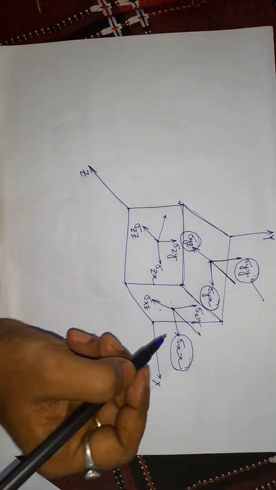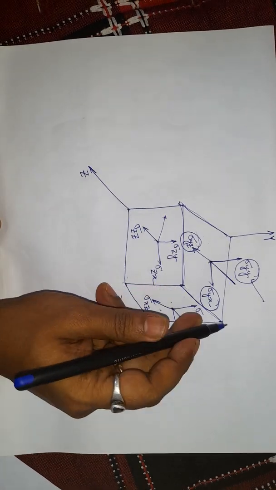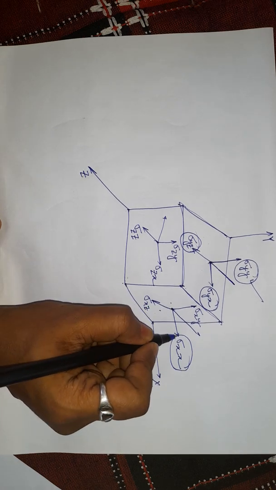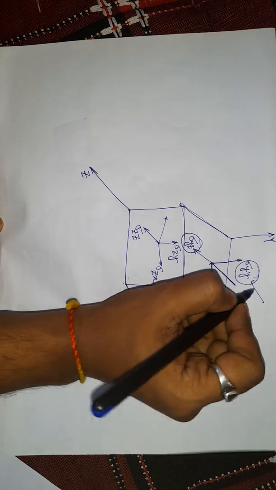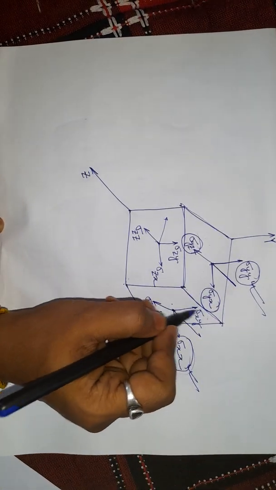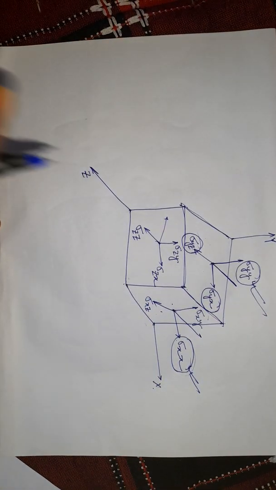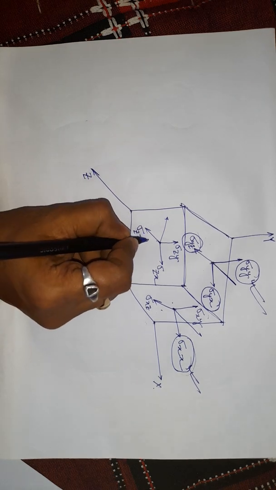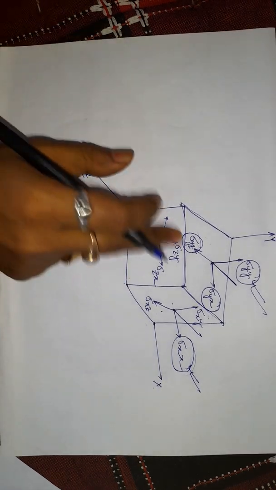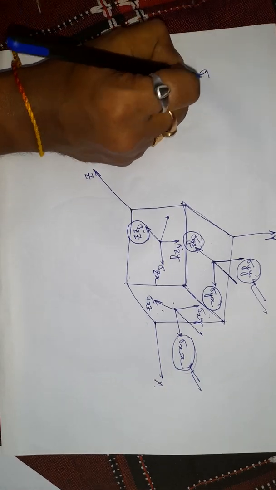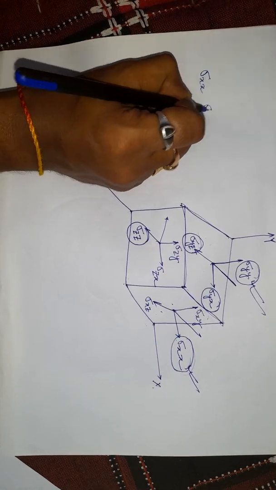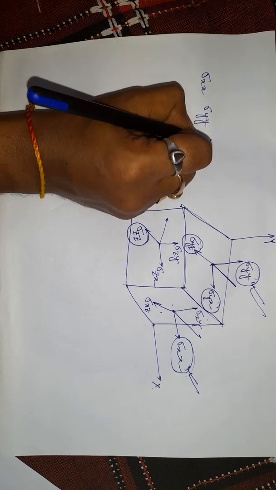Similarly, on this particular plane, the normal direction is this one, so this is your sigma xx, the normal stress, and the others are your shear stresses. Similarly, on the third plane, this will be your normal stress and the others are your shear stresses. So the normal stresses are sigma xx, sigma yy, sigma zz.